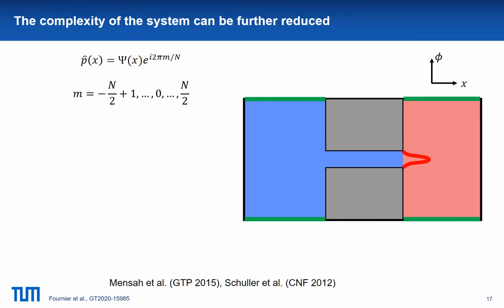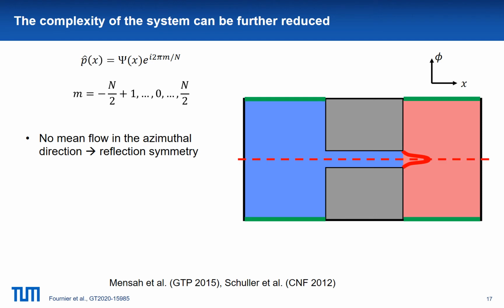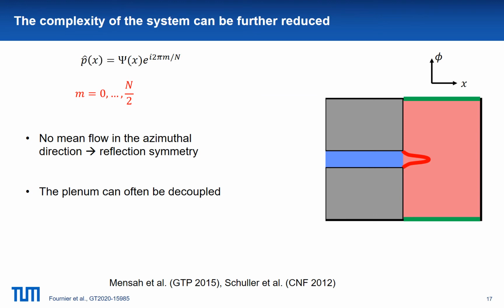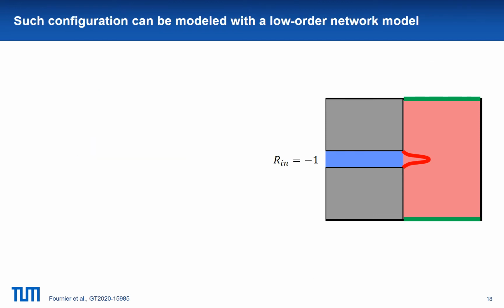We further reduce the complexity of the system to obtain a system as simple as possible. We first assume no mean flow in the azimuthal direction, which means that we have a reflection symmetry, and therefore we can consider only half of the Bloch wave numbers. The other hypothesis is that we decouple the plenum, as is often the case, and we replace it by an open end. Such a configuration can be modeled with a low-order network model.